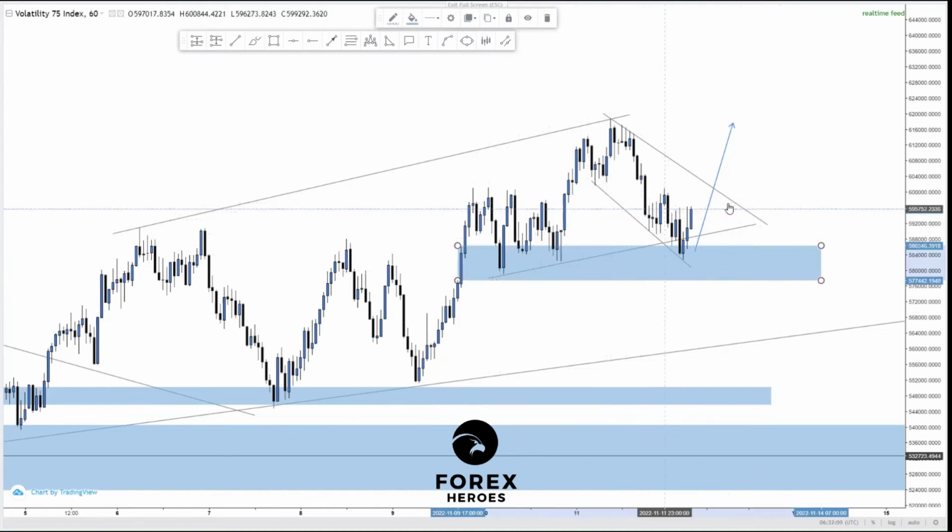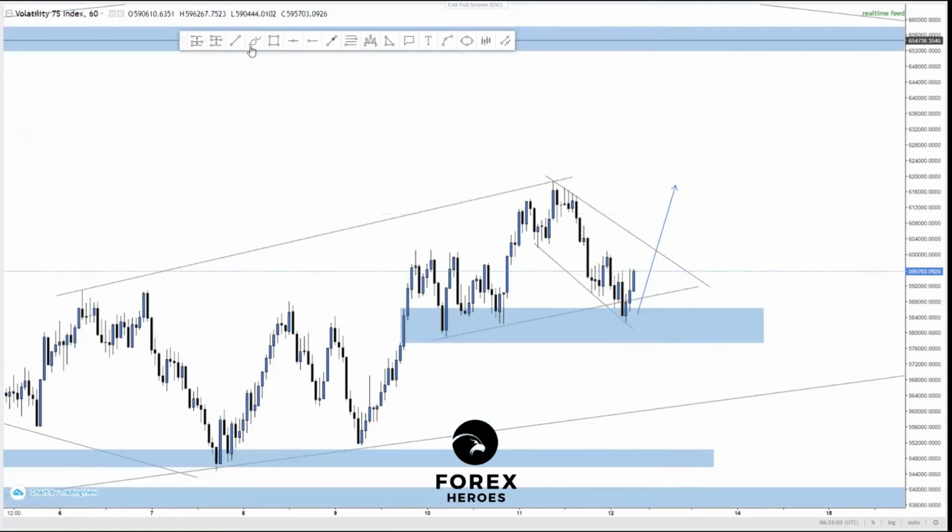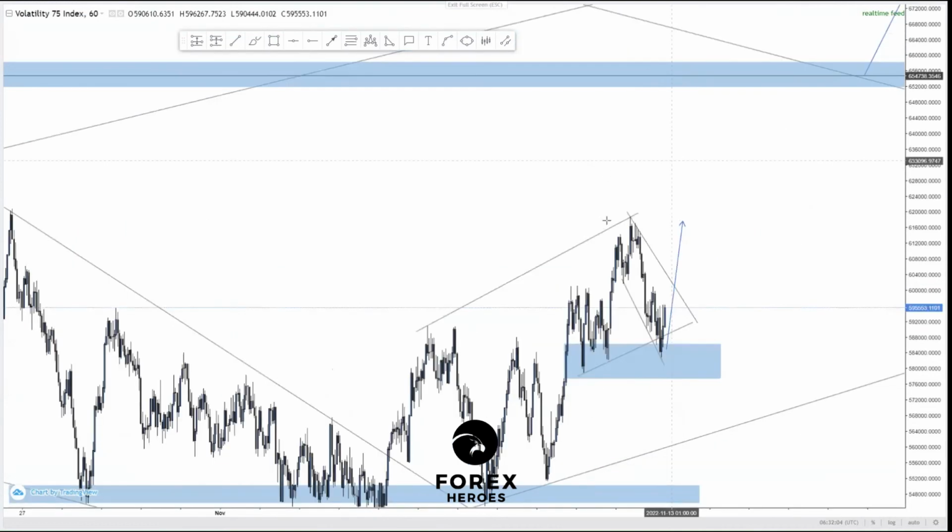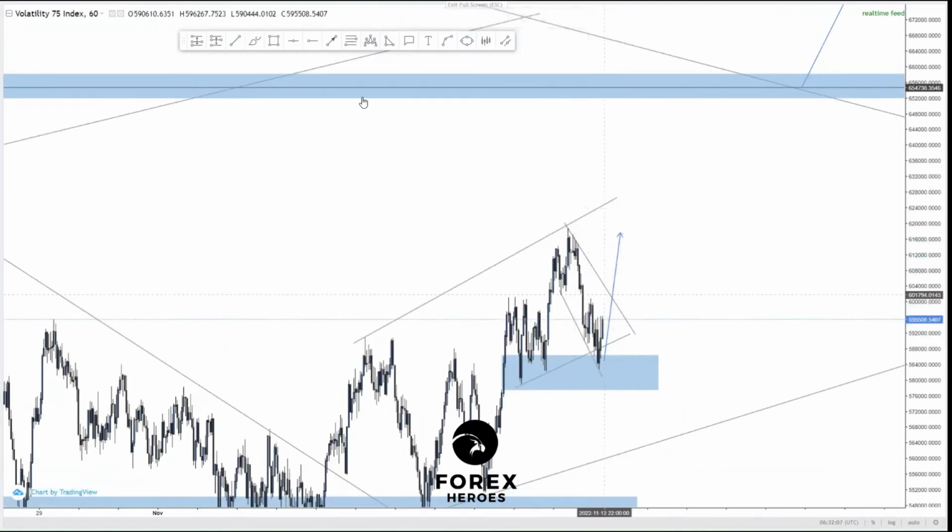We are still above this point, so I'm expecting the market to push in this manner.